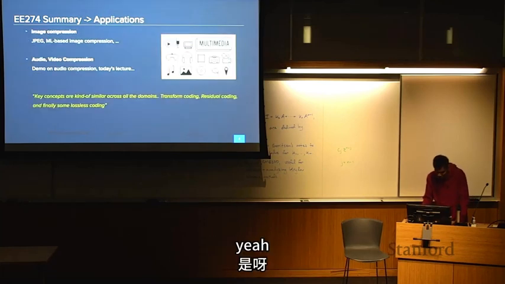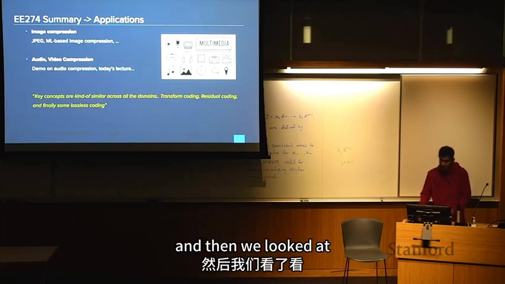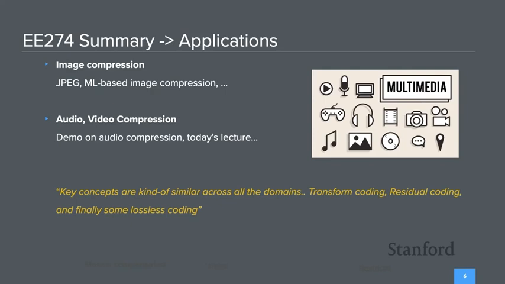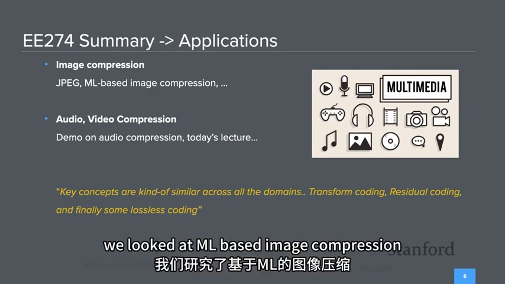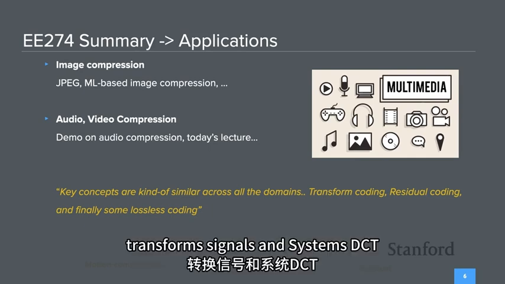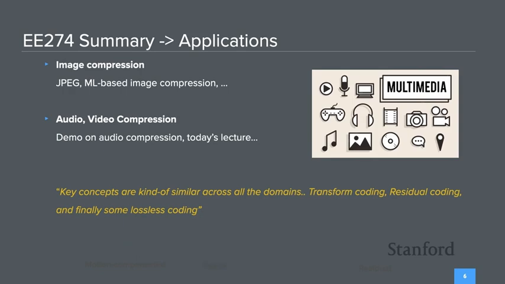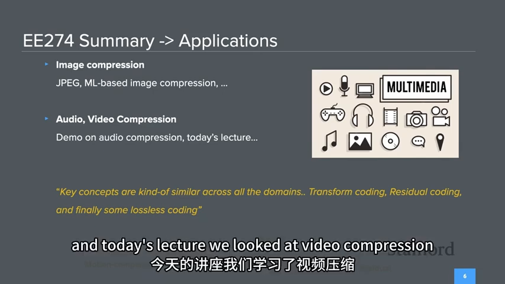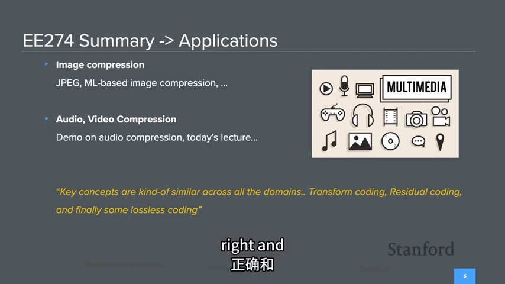Then we looked at image compression for a few lectures. We looked at JPEG, we looked at ML-based image compression. Some of you might have gotten an intro to transforms, signals and systems, DCT. We looked at a demo on audio compression. And in today's lecture, we looked at video compression.